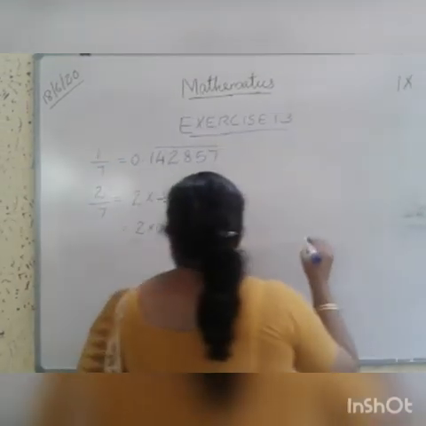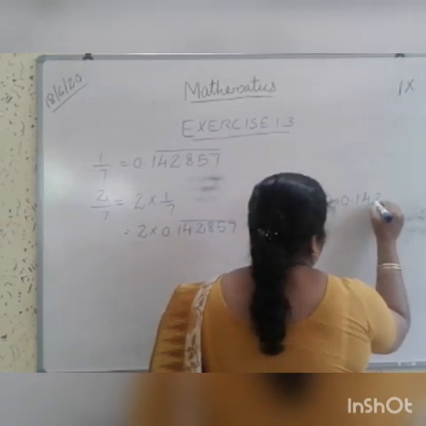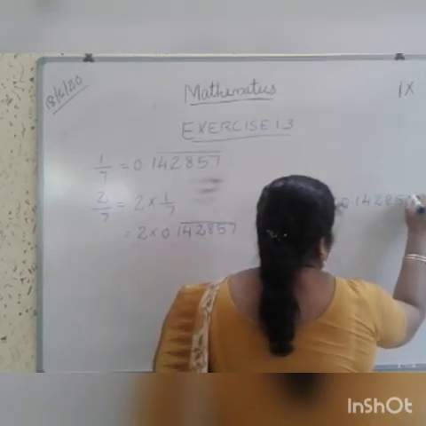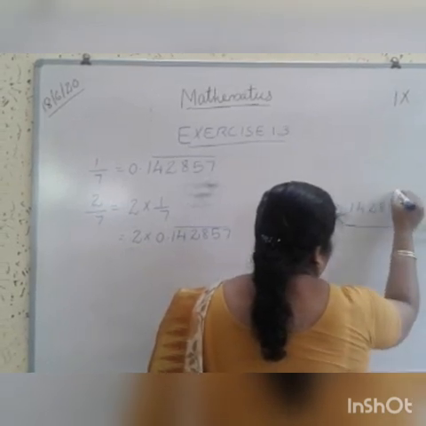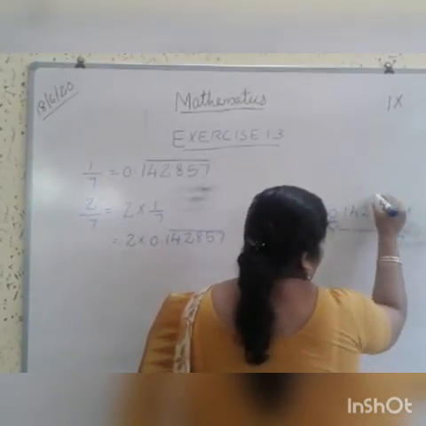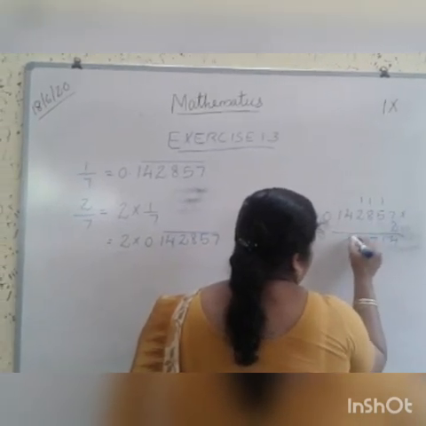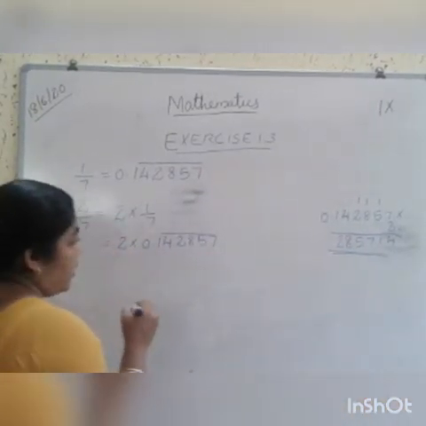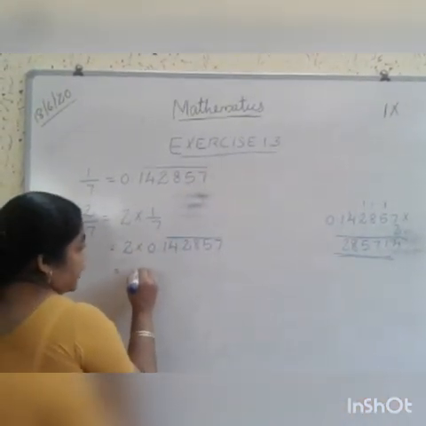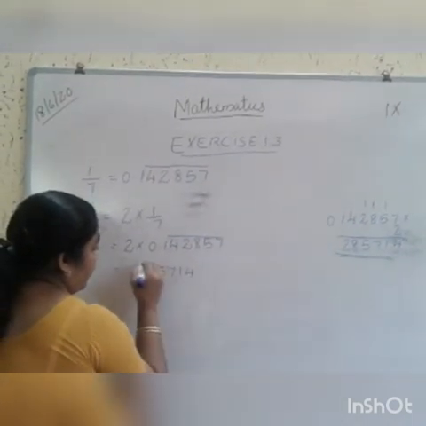Let us do the multiplication. 0.142857 into 2. 7 2s are 14, carry over 1, 11, carry over 1, 17, carry over 1, 5, 4 2s are 8, 1 2s are 2. That is equal to 0.285714 bar.